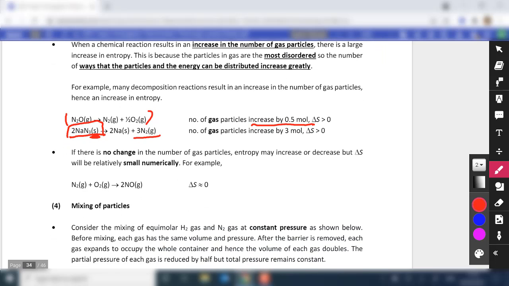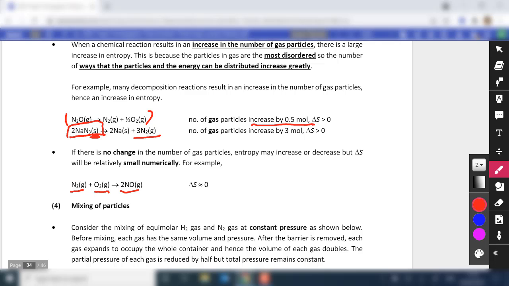Okay, usually when there's no change in the number of moles of gaseous molecules from the beginning to the end, you expect the delta S to be a very small number. It's not going to be 0, because the absolute entropy, which is not in your syllabus, of nitrogen, oxygen, and NO are inevitably different.